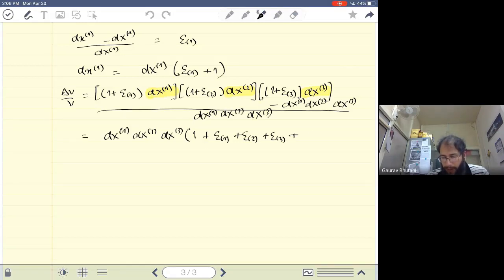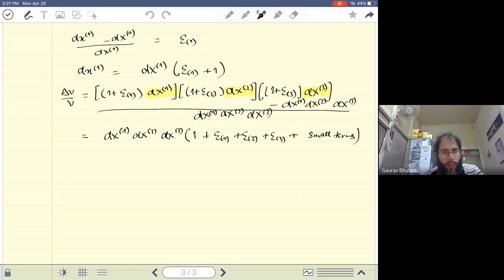So I'll just call it small terms, because remember that it's an infinitesimal deformation theory. So the epsilon values are also small, because epsilon values were nothing but u i comma j plus u j comma i. So since u i comma j, u j comma i, they're all small, epsilon values are also small.